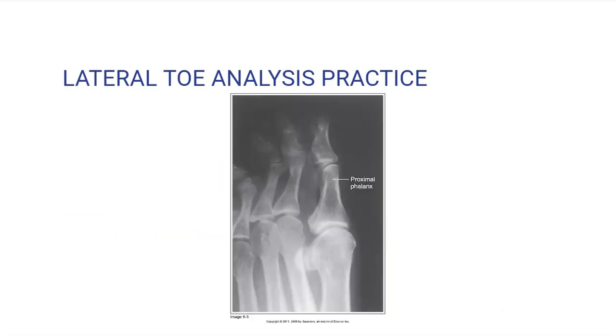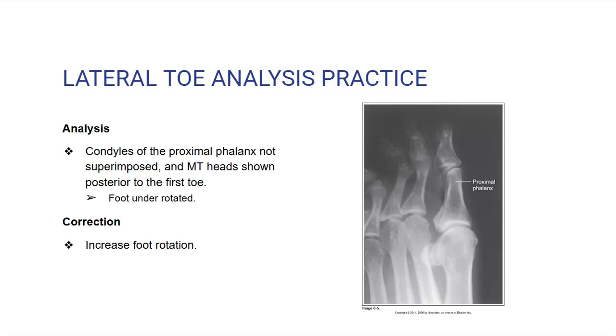Go ahead and review this last practice analysis and answer the following question. In this lateral toe projection practice analysis, if you take a look at the condyles of the proximal phalanx, they are not superimposed again. So we're talking about some insufficient or over rotation here.